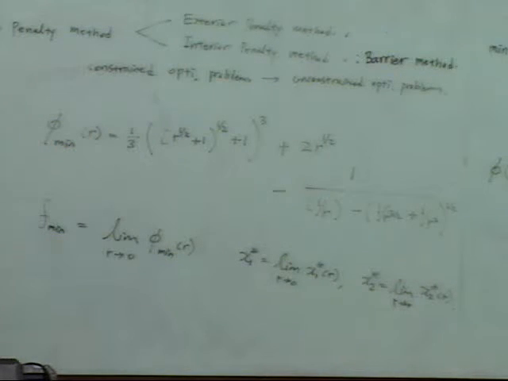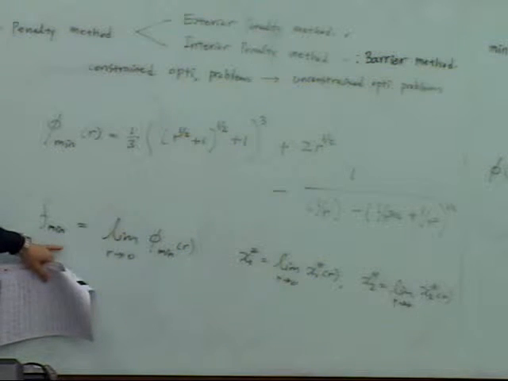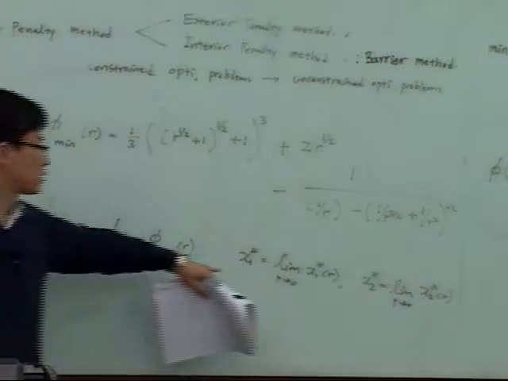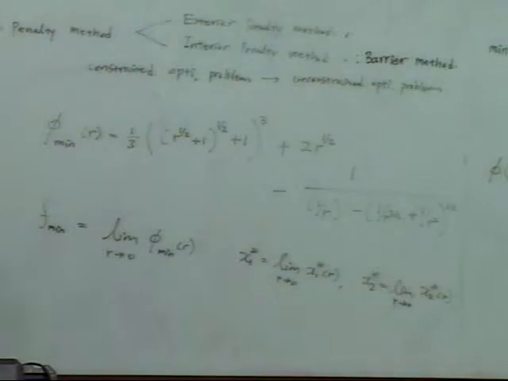If you take the limit approaching R, make your R approach the 0 value, then you will have the minimum value of the original problem and the local minimum location, like this.